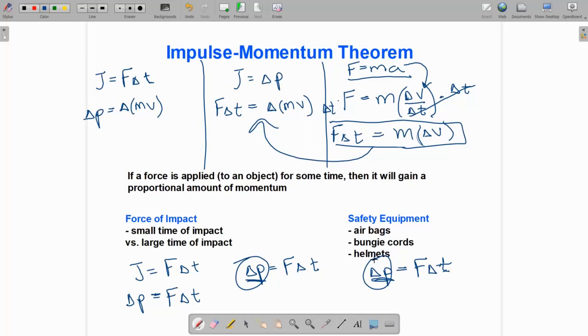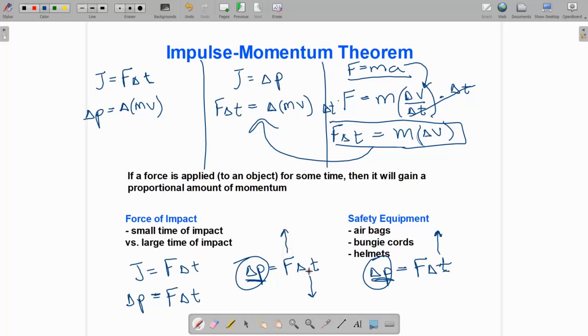In the first situation, we have a really small time where there's no airbag. In the second situation, we have a larger time where the airbag has deployed and is increasing the time that we feel the impact of the crash. If the change in momentum is the same for both situations, the only way that works is if the force does the opposite of the change in time.